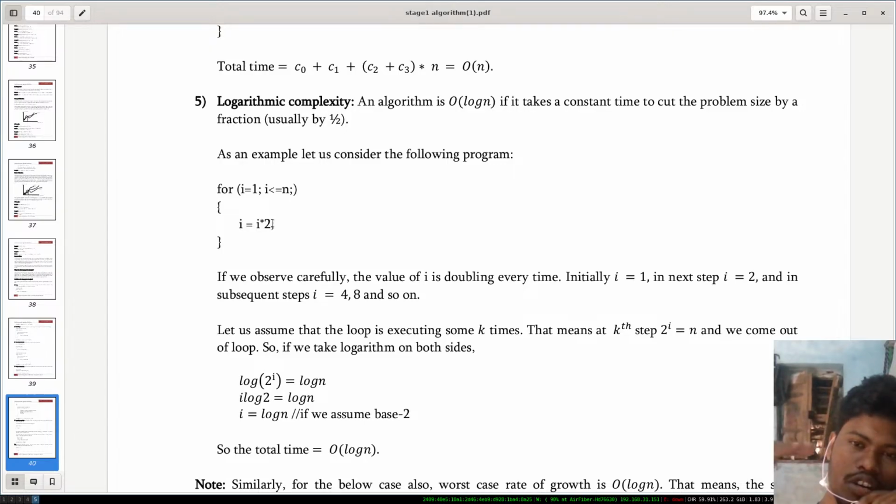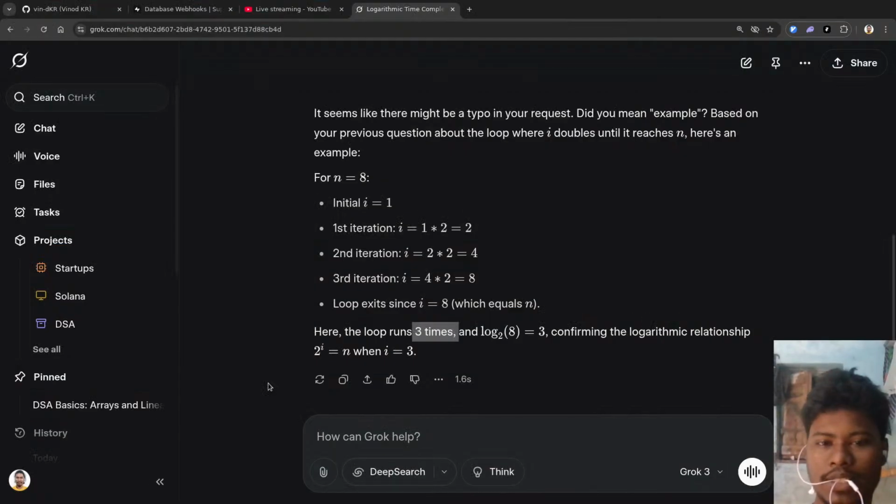So basically we're not iterating over each value. That's why it's not n, and instead it is log n. That's why we are taking this, 2 to the power i. Okay, then log.